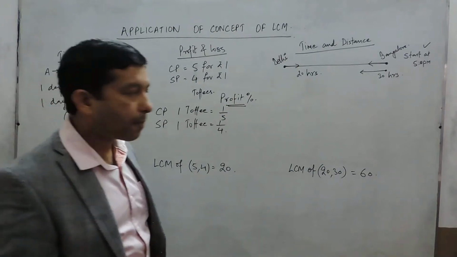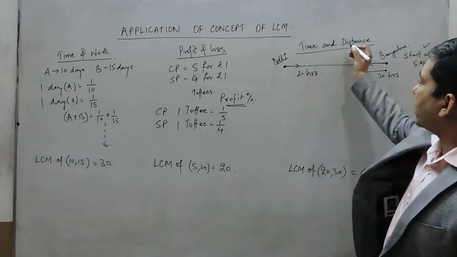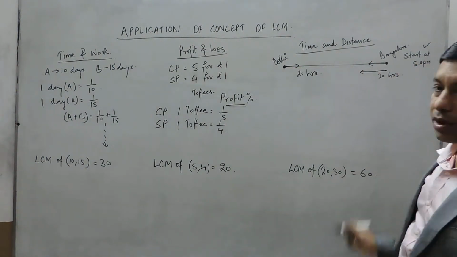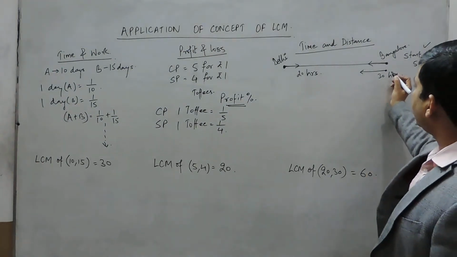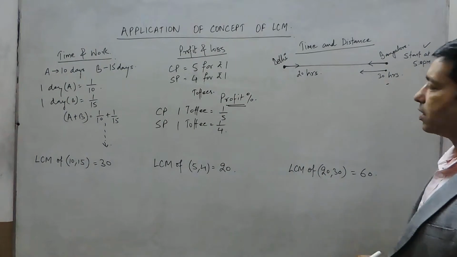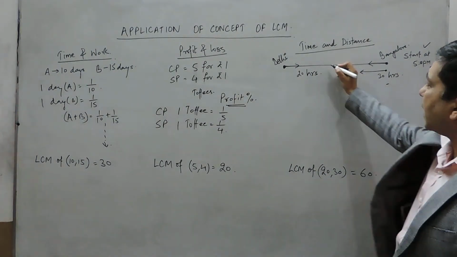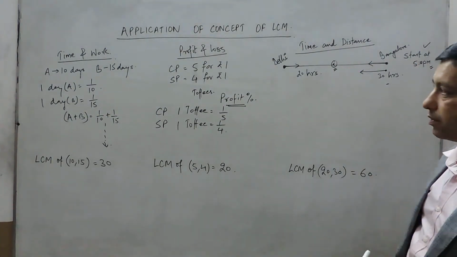Then to solve the profit percent. Here also, in the question of time and distance, a train goes from Delhi to Bangalore in 20 hours, while another train comes from Bangalore to Delhi in 30 hours. Both trains start at 5 p.m. So at what time will they cross each other, or meet?